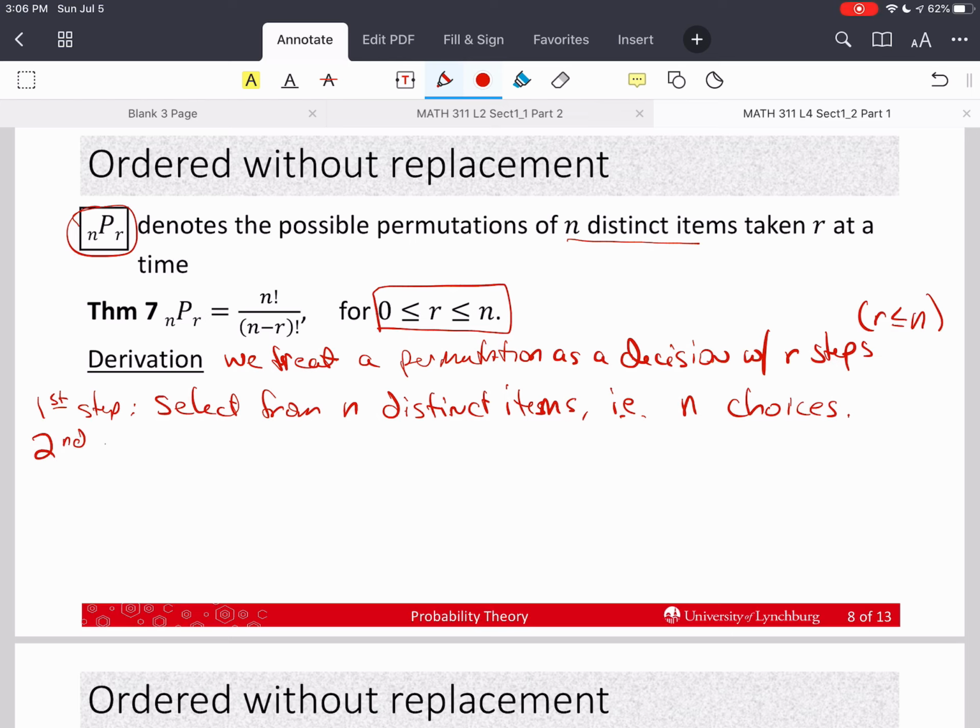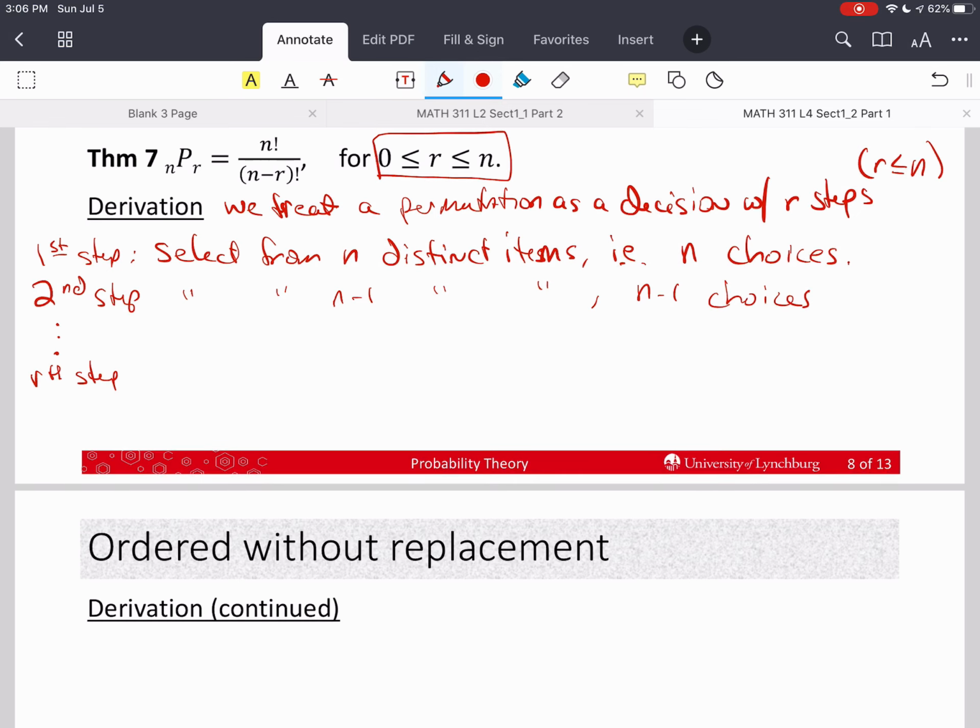Second step, select from N minus 1 distinct items, and we have N minus 1 choices. Going down to the rth step, we select from N minus R plus 1 distinct items, or N minus R plus 1 choices.